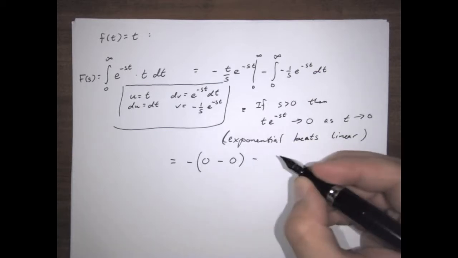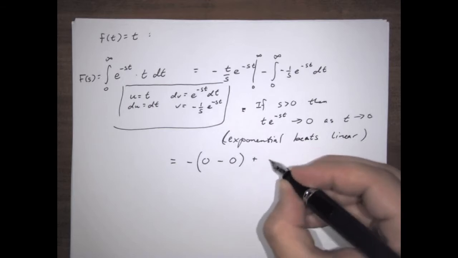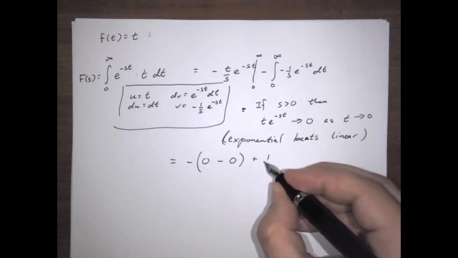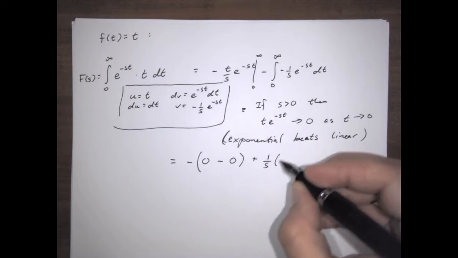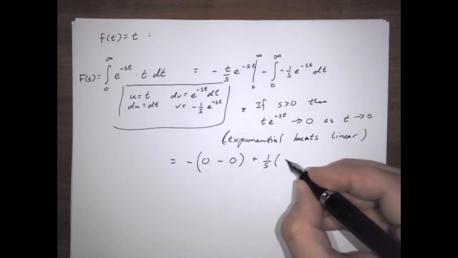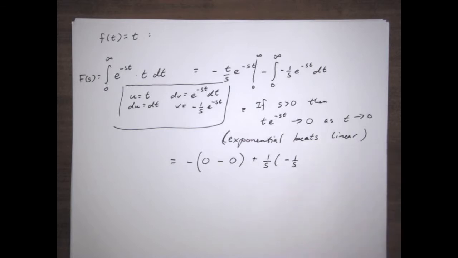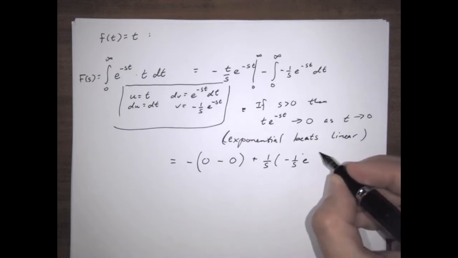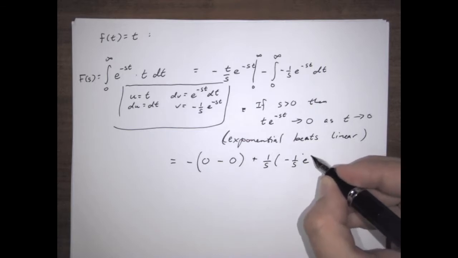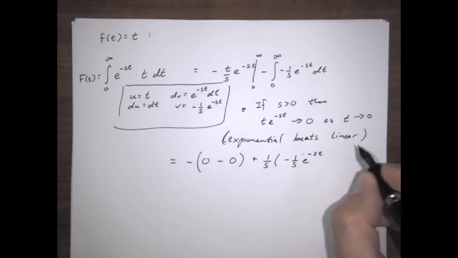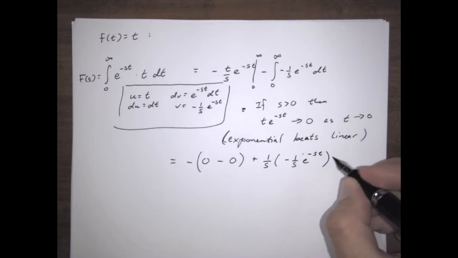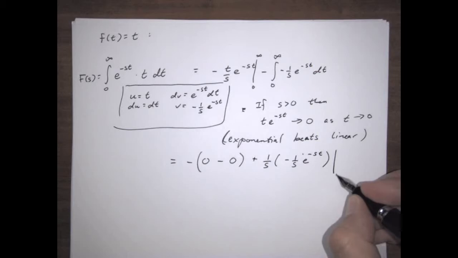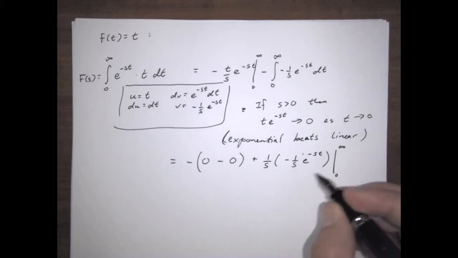And then over here we're going to have now plus, and then out is going to come the 1 over s, and then it's going to be times negative 1 over s again, and then times e to the negative st, evaluated again at 0 and infinity.